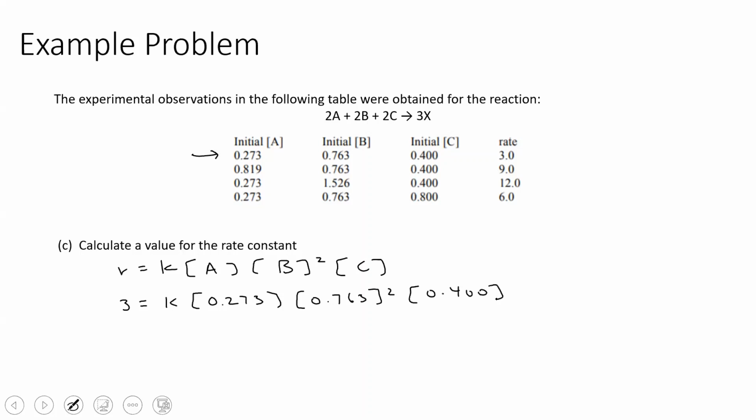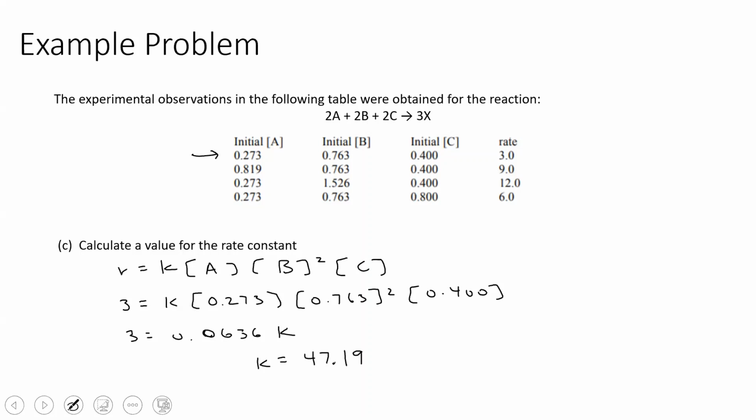If we break this all down, with some calculator work, you'll have 3 equals 0.0636 K. And then divide both sides by 0.0636, and you'll get that K is roughly 47.19.